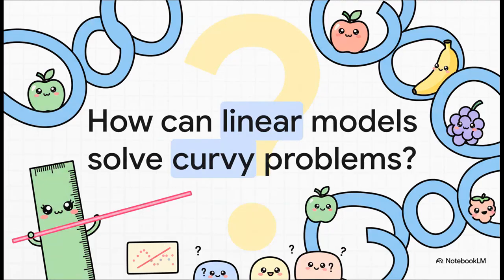So let's just start with the main puzzle, right? We know linear models at their core are designed to draw straight lines. That's what they do. But the real world, it's just not that simple. It is full of all kinds of curves and complex patterns. So the big question is, how can a tool that only gets straight lines possibly solve problems in a world that's fundamentally curvy?